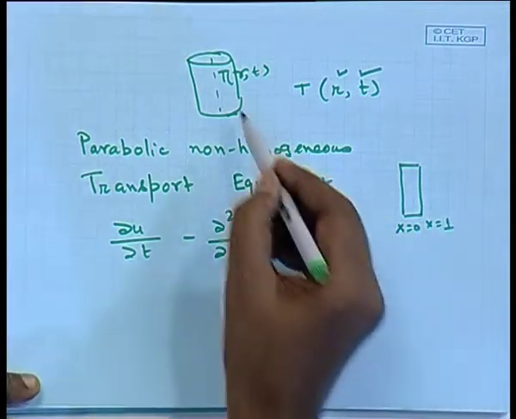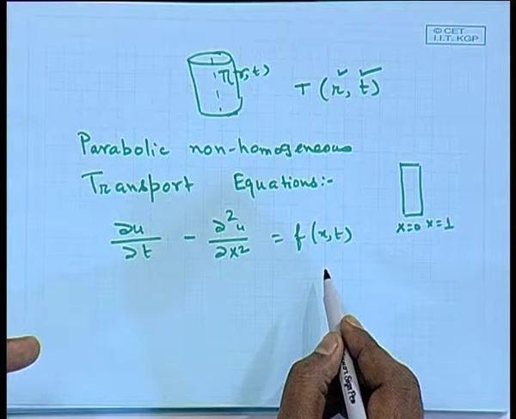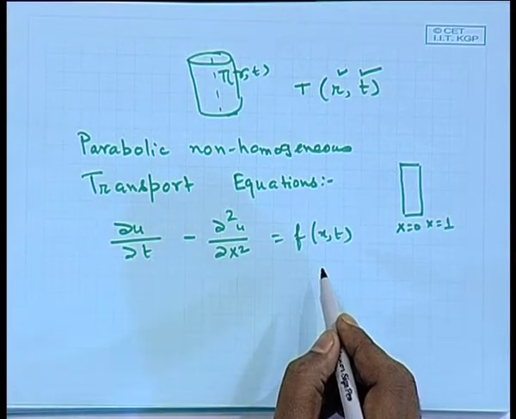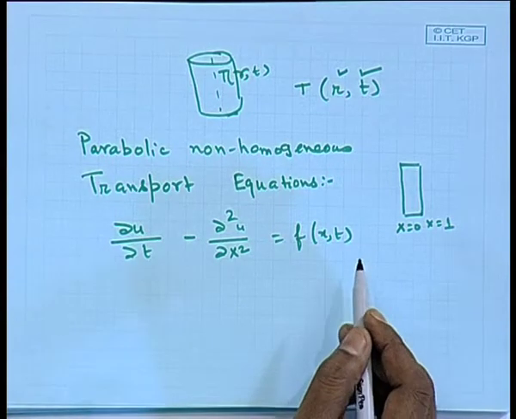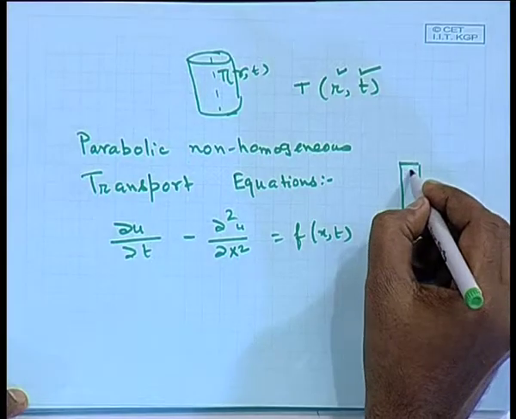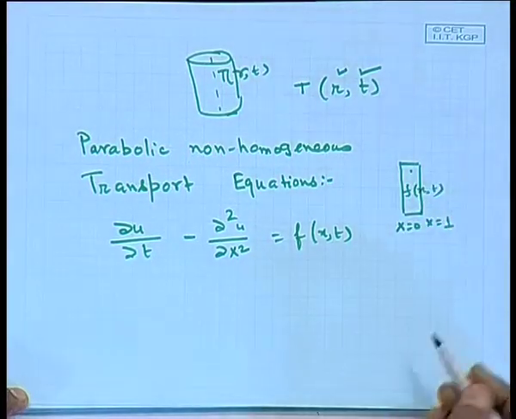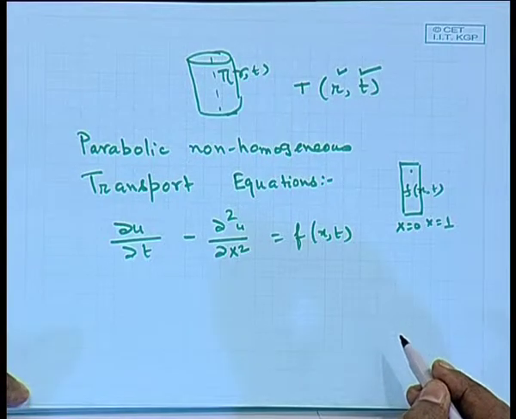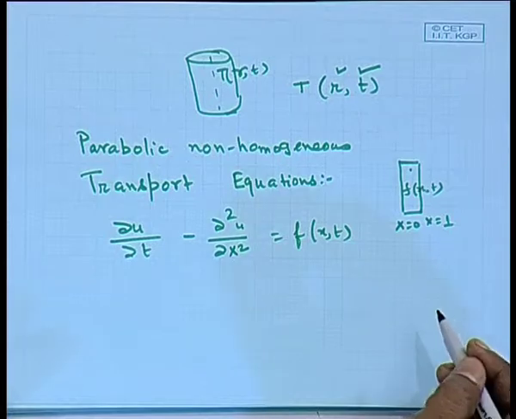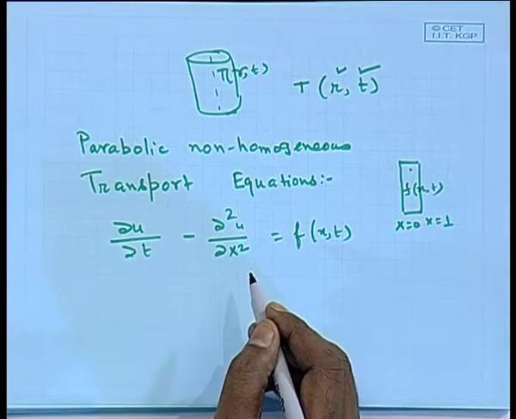If it is a cylinder, this operator will be replaced by the corresponding cylindrical polar coordinate form, 1 over r del del r of r del u del r. Now, for simplicity, we have considered Cartesian coordinates, and there will be a heat generation term which may be a function of x and t, or of x, or of time alone, or may be uniform throughout the whole volume of the system. And we are looking into the solution of u as a function of time and space.